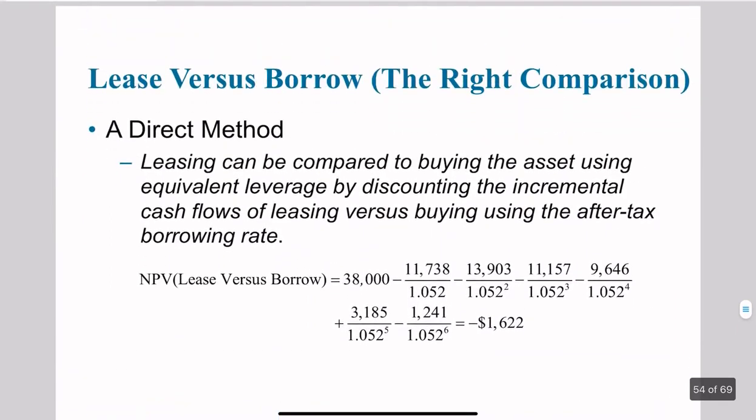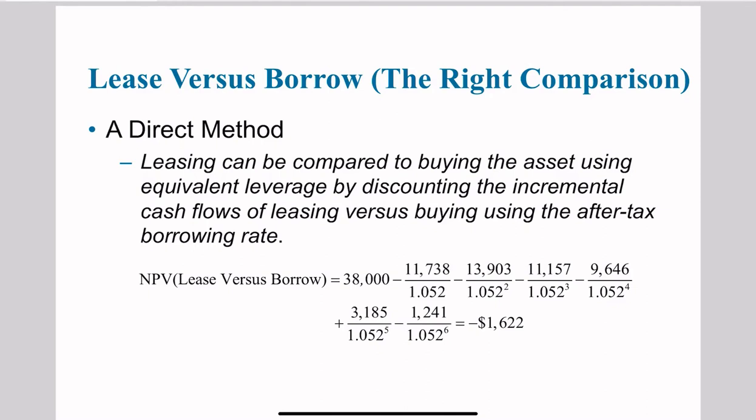So now we have a very simple approach. It's simple because in Corporate Finance 1, we learned a lot about calculating net present value, right? So I would say that this direct method is the most intuitive approach.